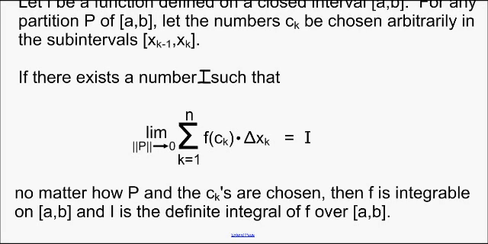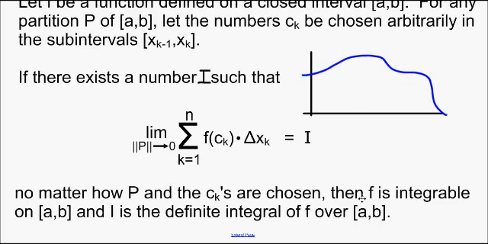Basically what this means is if I have a curve here, maybe this is my curve, and I want to find this area. I know that I can partition it into different rectangles and find my Riemann sum.